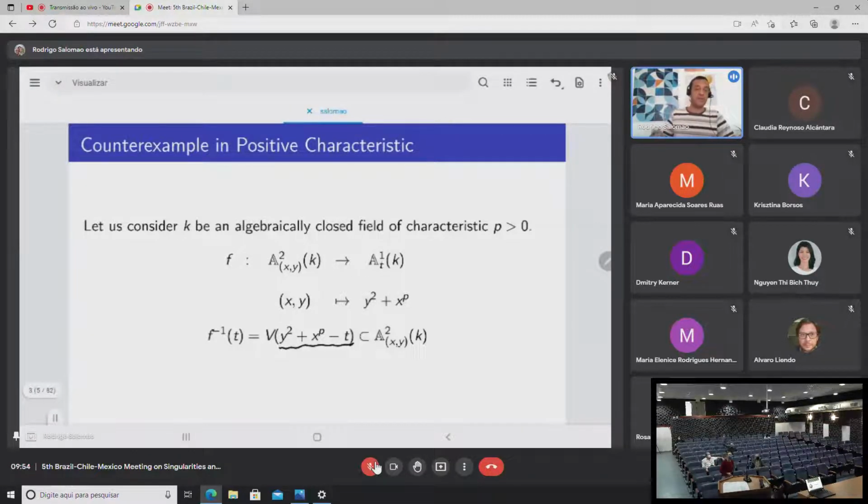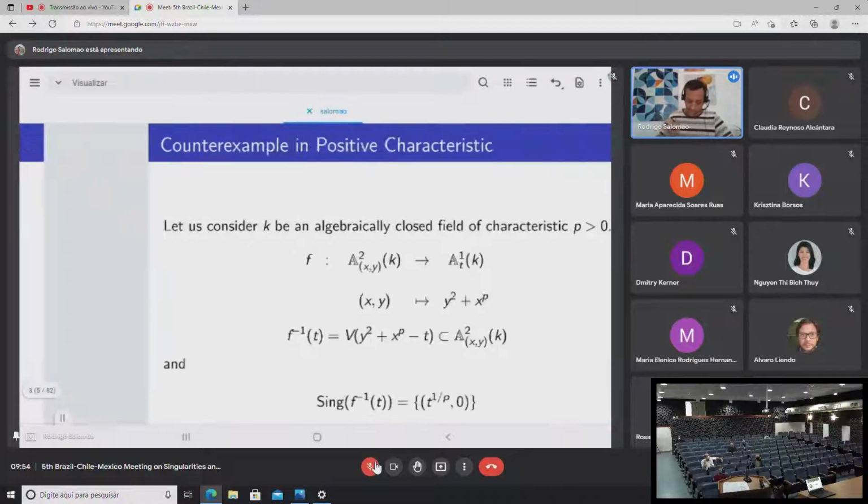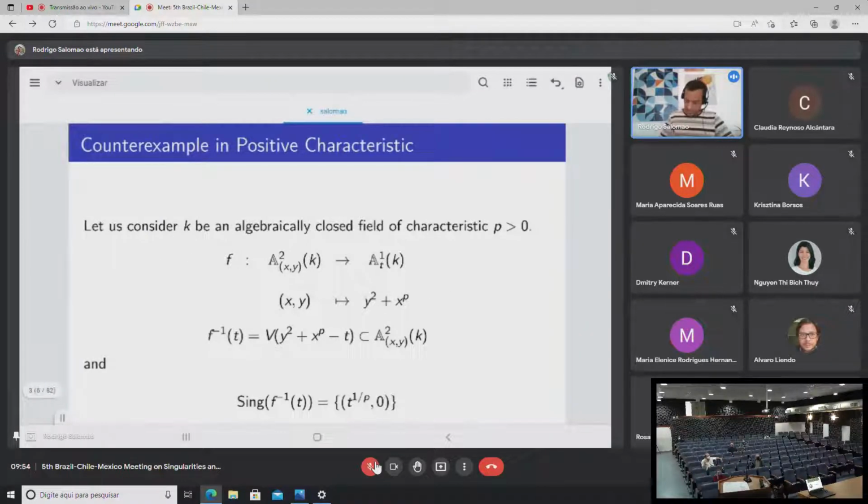If we apply the Jacobian criterion, we can compute the possible singular points of each fiber, and we can see that the singularity of this fiber is exactly this point here. So in this way, we have a counterexample to Bertini's theorem.